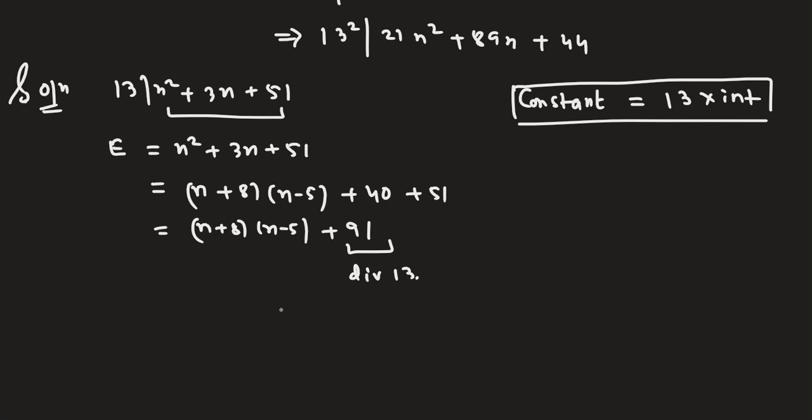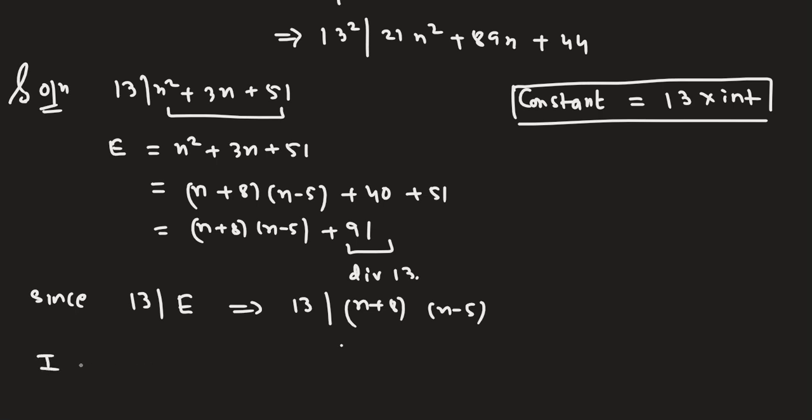So what about these factors, n plus 8 and n minus 5? Since 13 divides E, we can say that 13 must divide n plus 8 and n minus 5. If any one of the factors is divisible by 13, then the other factor is also divisible by 13. The reason is what?